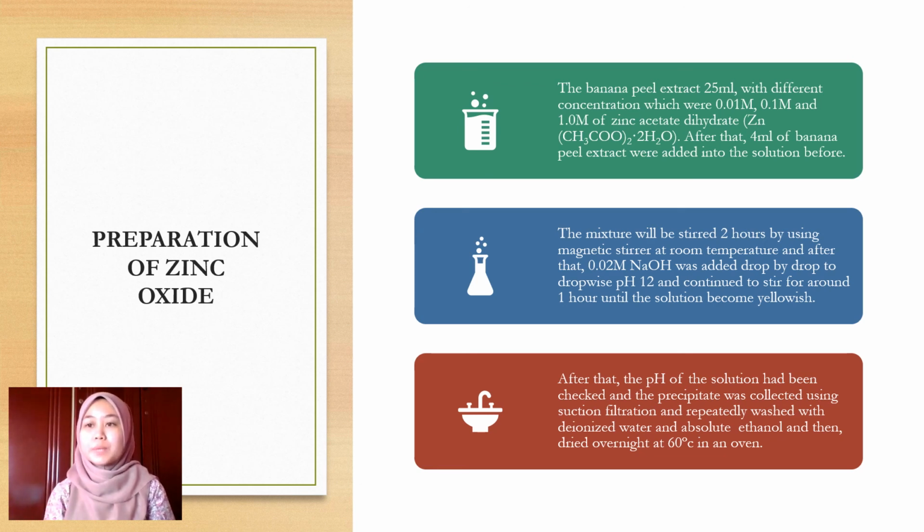Last but not least, the pH of the solution was checked and the precipitate was collected using suction filtration, repeatedly washed with deionized water and absolute ethanol, and then dried overnight at 60 degrees Celsius in the oven.